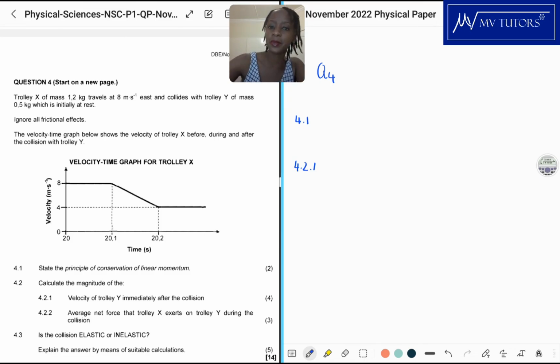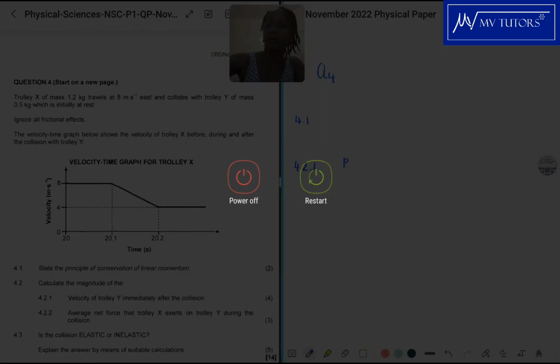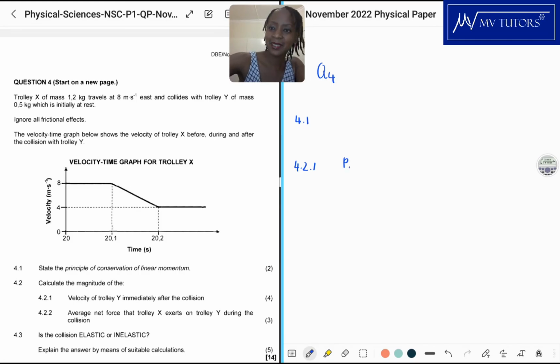We're going to say momentum before is equal to momentum afterwards. And we're going to look at the momentum of trolley X as well as Y. So the sum of the momentum before and after are equal. Momentum is simply mass times velocity.